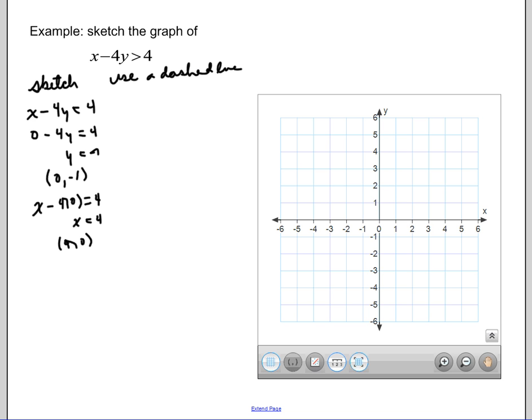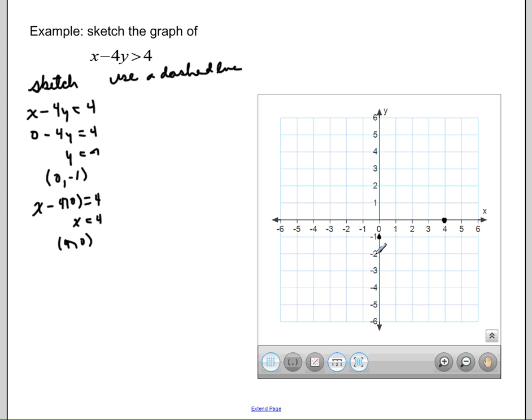But otherwise, everything proceeds exactly the way that it did before. So we're going to graph our line. Let me get my points here first. 0, -1 was one of our points right here, and 4, 0 was our other point. If we were to plot our line through those two, we're going to plot it using a dashed line.